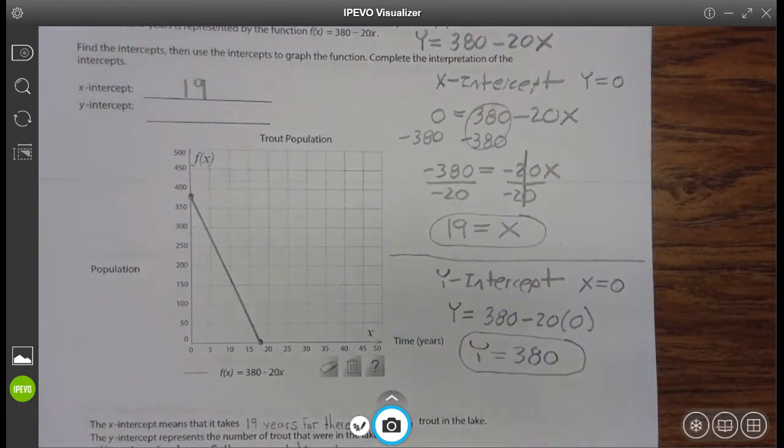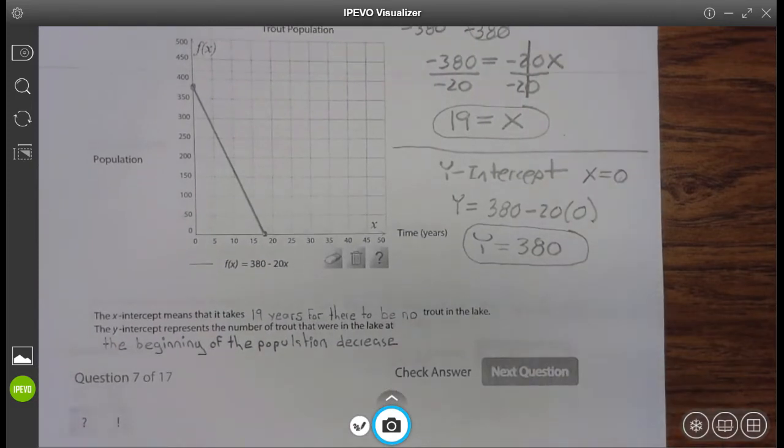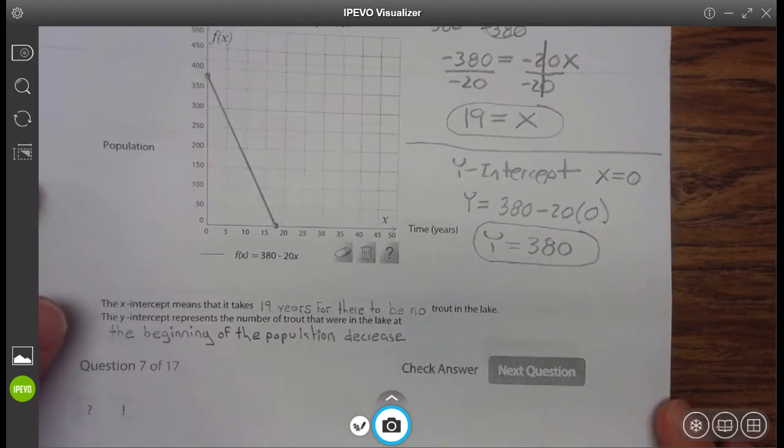And then there's your graph. All right. The x-intercept means that it takes 19 years for there to be no trout in the lake. The y-intercept represents the number of trout that were in the lake at the beginning of the population decrease. All right, go and finish up example 7.